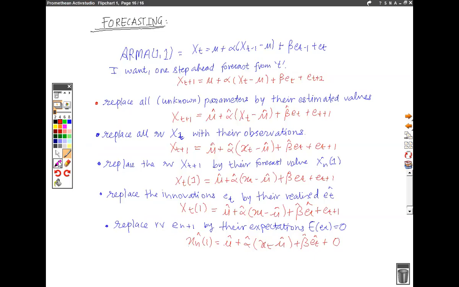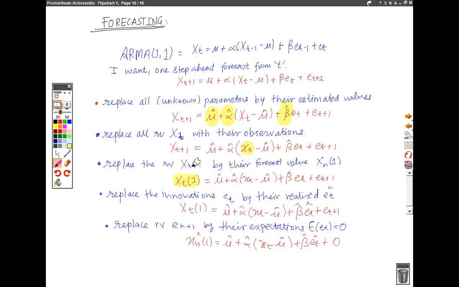So let me just walk you all through the process again. Remember, we started off with a model for which we wanted a one step ahead forecast, right? Now what we do is we first replace all the unknown parameters with their estimated values. Then you replace xt with its observed value. Then you realize that the thing that you are going to forecast and the stuff that you don't know about yet, you write them in terms of xt.